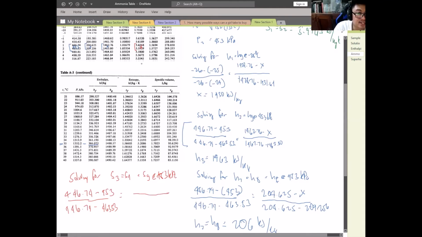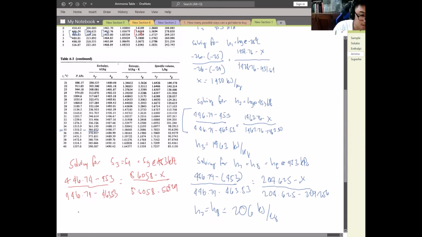Okay, so yung SG niya is 5.6058 minus X, unknown yung 453, tapos 5.6058 minus yung 463.53 at katapat niya is 5.929. Okay?